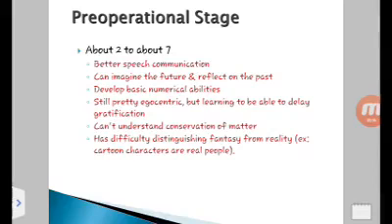And of course, they are still pretty egocentric, meaning they still focus on self-satisfaction, but are learning to delay gratification. They can't understand conservation of matter, and they have difficulty distinguishing fantasy from reality. For example, cartoon characters are real people to them.